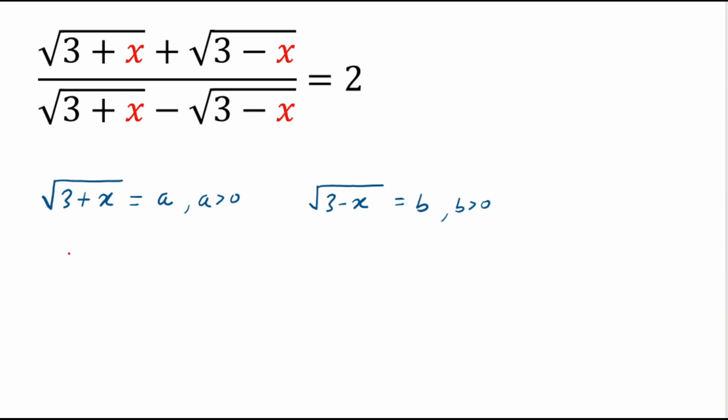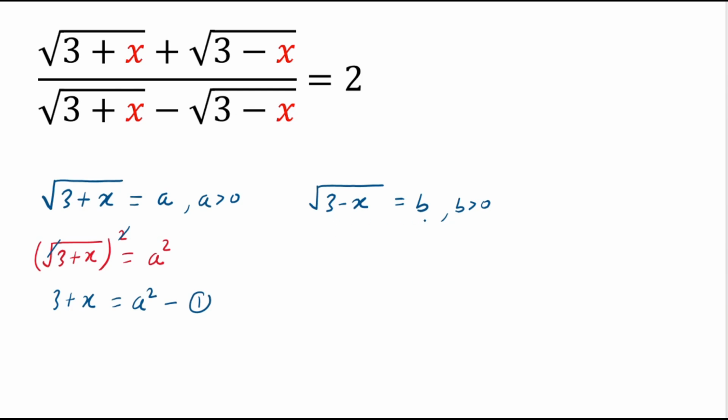Now if we square both sides, √(3+x) = a, the square root is cancelled out by the square, so 3 + x = a². Let us consider this equation number first.